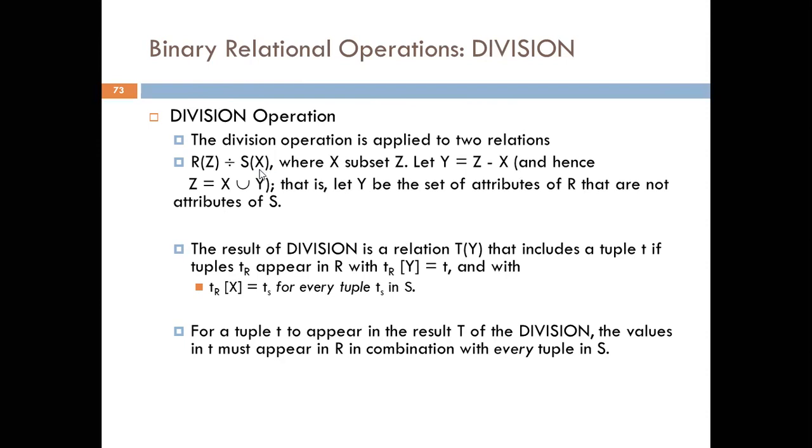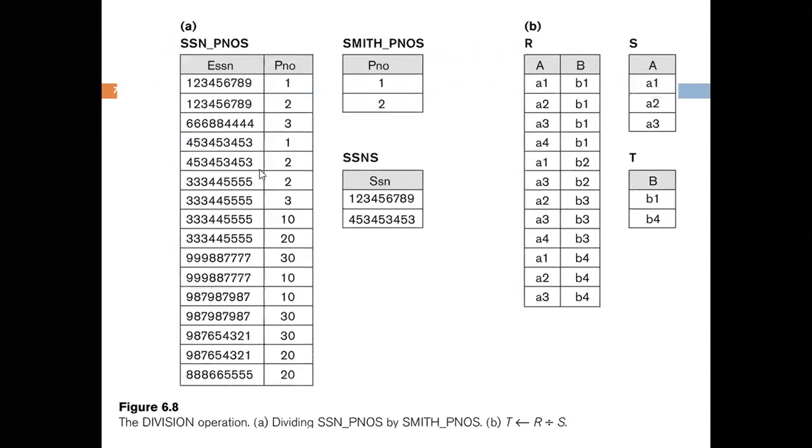This is not the division that we have seen in mathematics or algebra. That division is completely different, and this is a different one. In order to understand this, we have to look at an example.